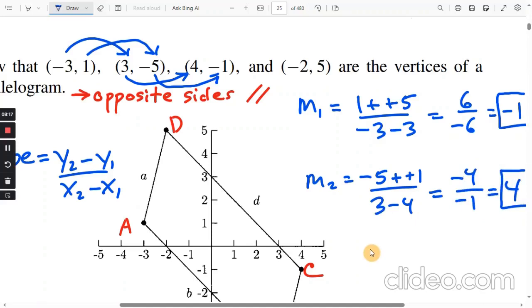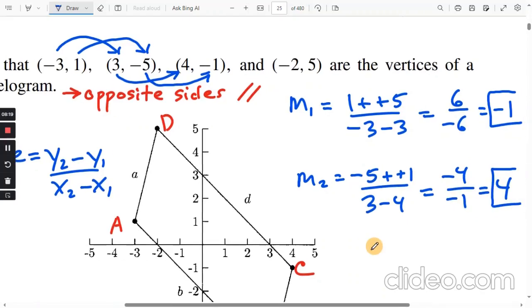Okay, so I hope the other ones match. Let's see, we have M3. Because remember, parallel lines have the same slope. Change in y, negative 1. I'll go the other way this time, just to prove that it doesn't matter. 5 minus negative 1. And I did the y going that way, so I have to do the x going that way.